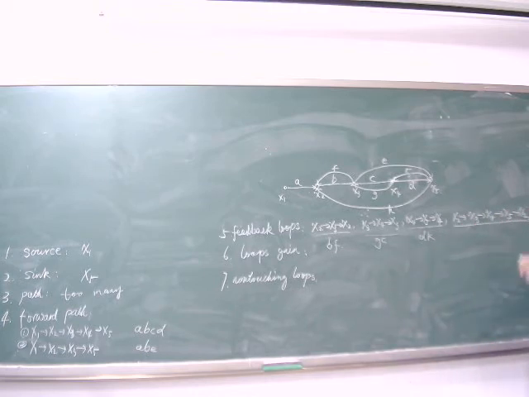This loop is 2, 3, 4, BC, B, H. B, B, C, C, D, D, H, H. What is 2, 3, 5, 2, 3, 5? This is the loop gain.